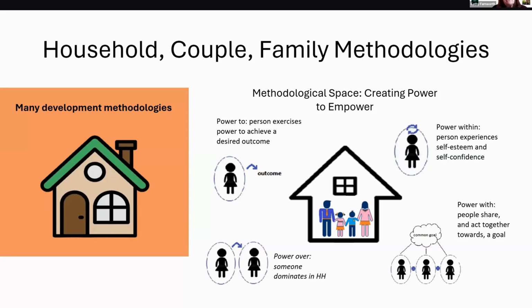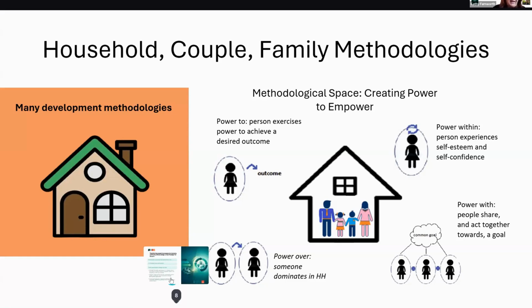For decades, the development sector conceptualized a household as a closed space in which you could not operate or work, almost a secret space. But we know that in reality, households are permeable, and that what happens in a household influences how household members operate and act in the real world.